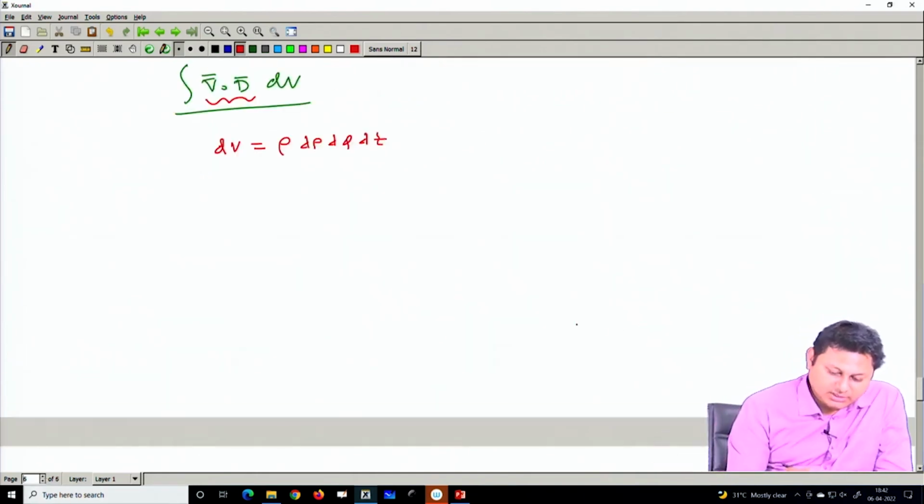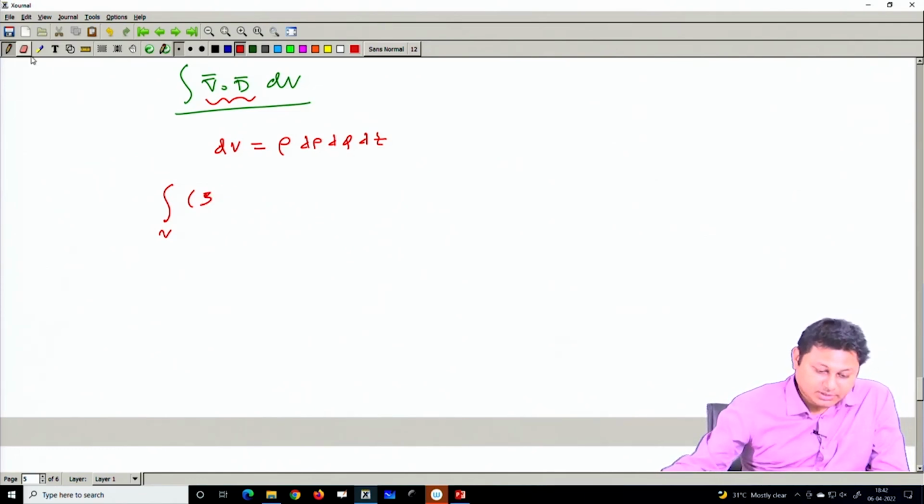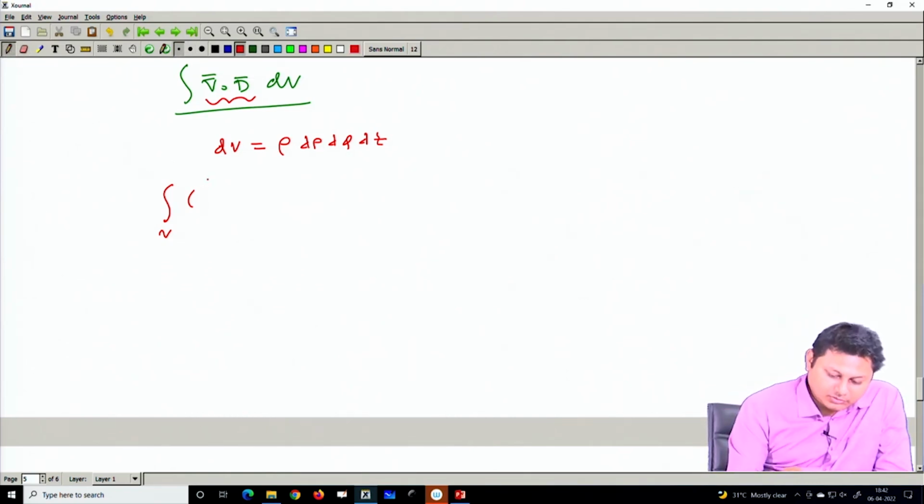That means, I calculate the integration over the volume of the quantity that we derived, which is 3 rho cos square phi plus z divided by rho cos phi, and then rho d rho d phi dz.